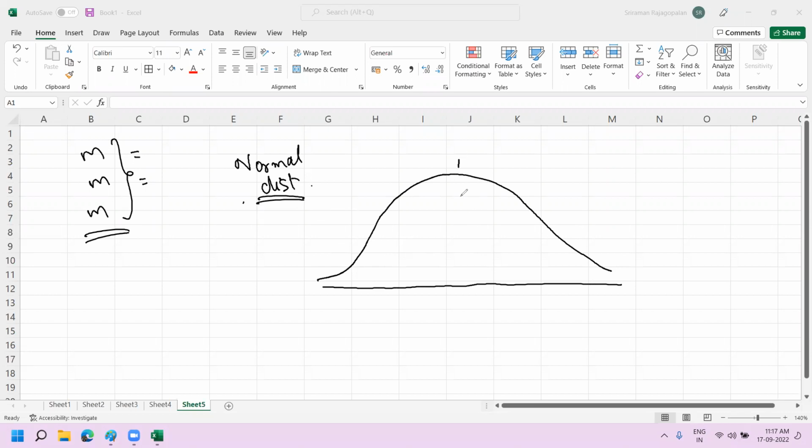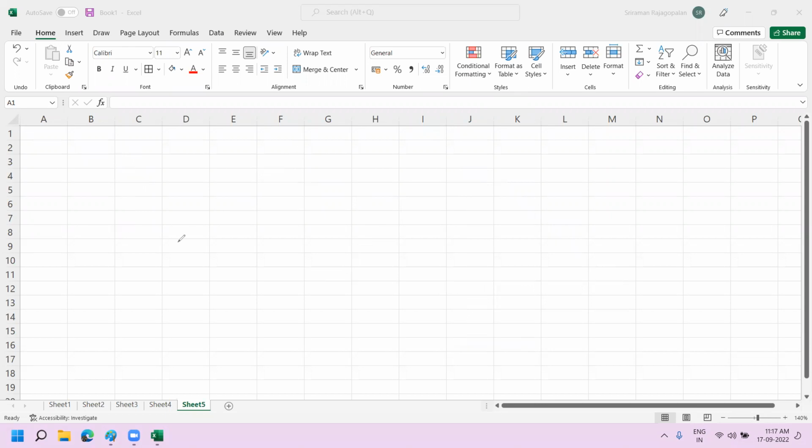This is the mean, which is the same as median, which is the same as mode. But over 99% of the data will always have a skewed distribution, because in real life, normal distribution is very rare to get.